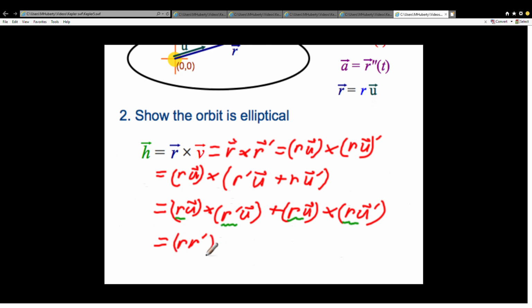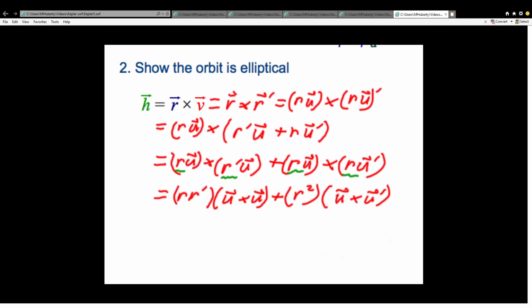And that result gets scalar multiplied by u cross u. And likewise, with the second term here, we're going to have r times r, and that gets scalar multiplied by u cross u prime.